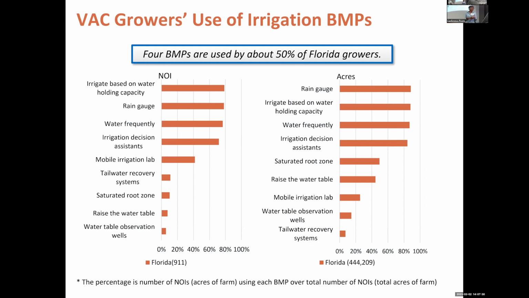And we find that on average, over 50% of the BMPs are being used. We have irrigating based on water holding capacity, using a rain gauge, watering frequently, and irrigation decision assistance as being really top practices, which makes sense. These are practices that aren't just BMPs, they're just good practices, period, right? Good farm management practices. So that makes a lot of sense.